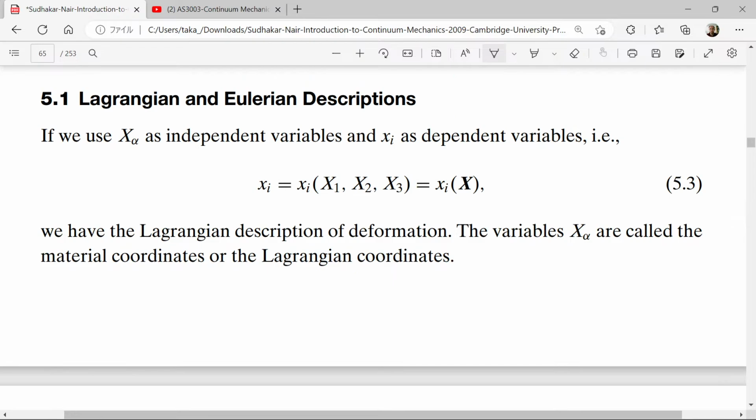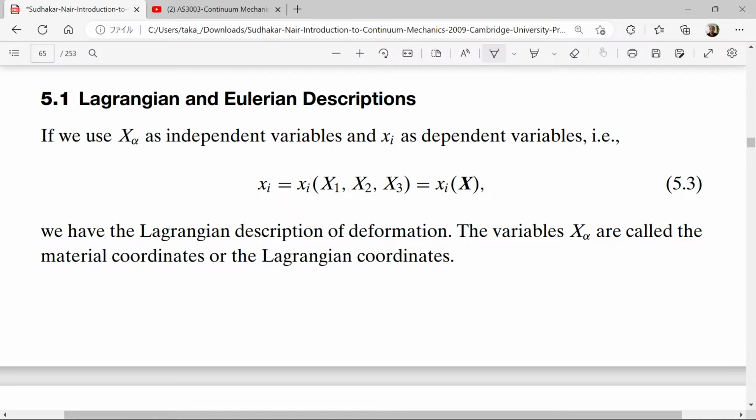Lagrangian and Eulerian descriptions. If we use X alpha as independent variables and small x_i as dependent variables, that means small x_i is a function of large X1, X2, X3, we have the Lagrangian description of this deformation.